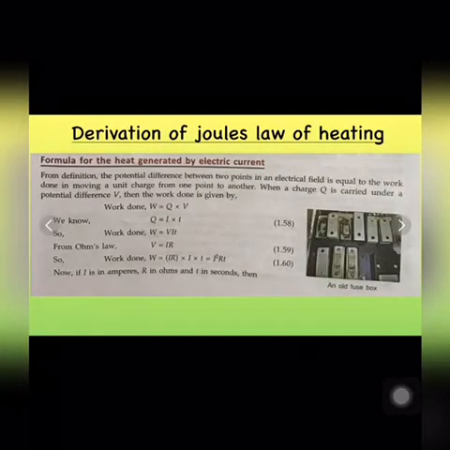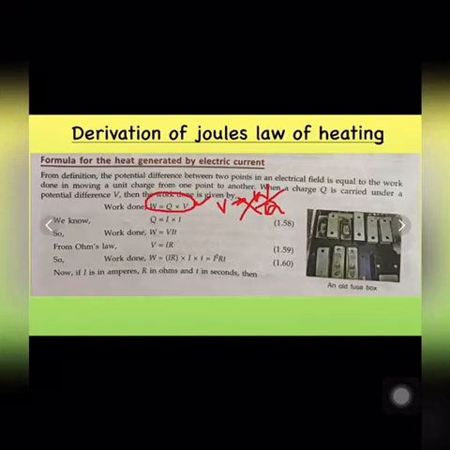From the definition of potential difference, we know that potential difference is equal to work done per unit charge. When we cross multiply it, we get work done, which is equal to charge into potential difference. In this formula of work done, we have to put the value for charge as well as for potential difference. We know that current is equal to flow of charges per unit time.